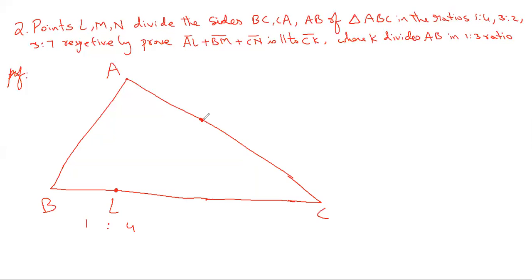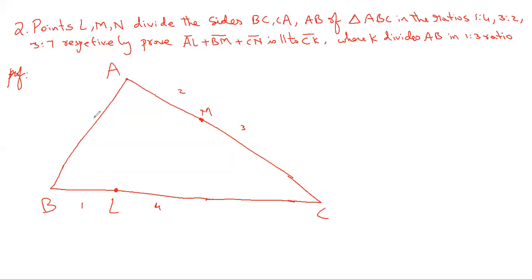Roughly here: if you take this as 2 units, this is 3 units. So this is M, and this is 3, and this is 2. Here also we'll write this is 1 and this is 4. These are not the exact numbers, this is just the ratio.